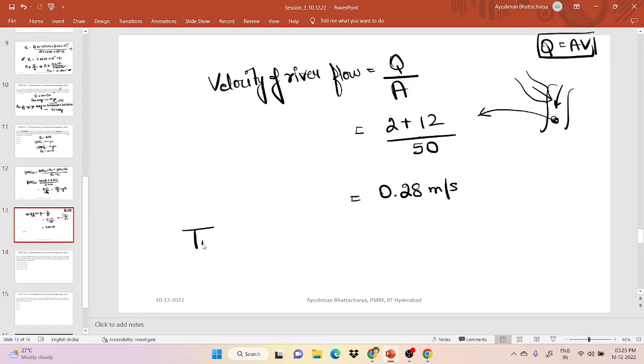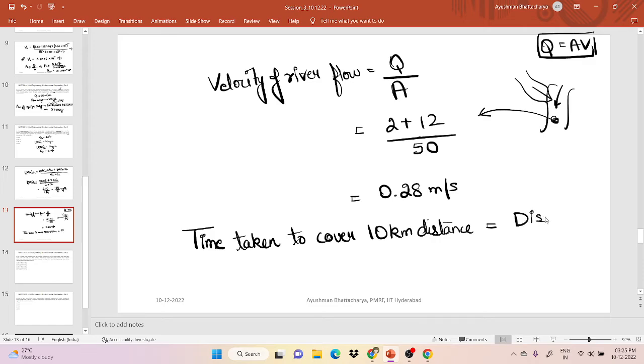So time taken to cover the distance will be distance by velocity. Normally distance is equal to speed into time. So from that, time is equal to distance by velocity. So distance is 10 kilometer.